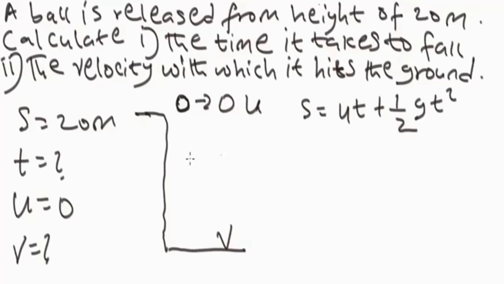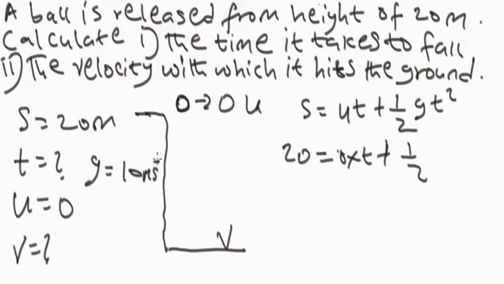Now, when you substitute this value, we're going to have our x distance, 20, equals 0 times t plus half g t squared. Acceleration due to gravity, g, is constant, which is 10 meters per second squared. So when you input it, you're going to have half times 10 times t squared.